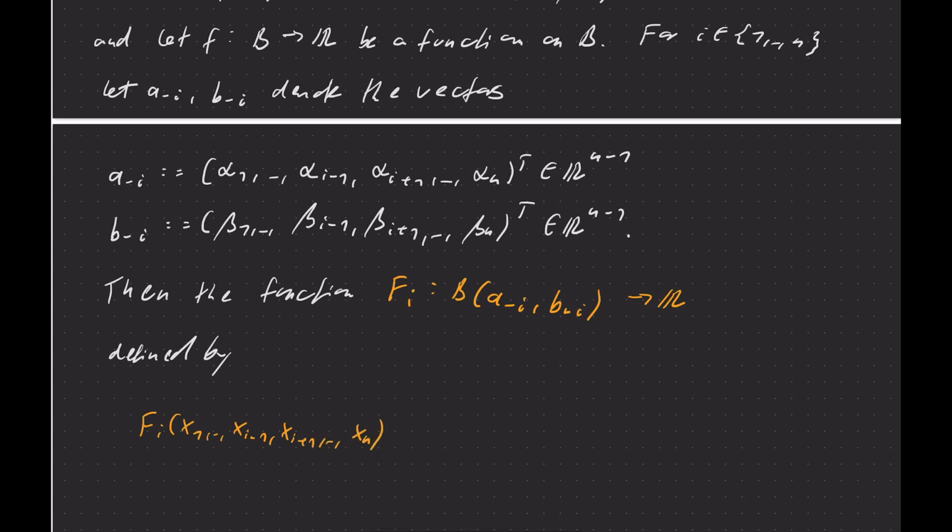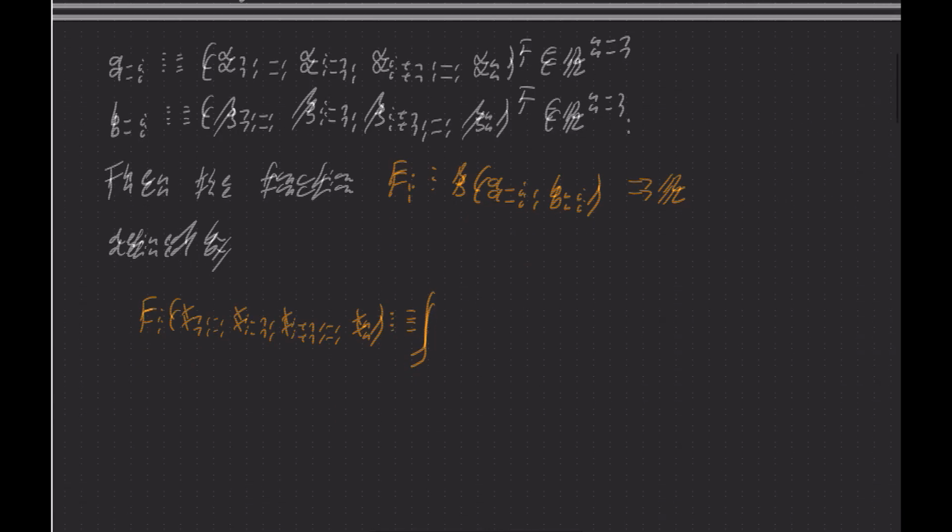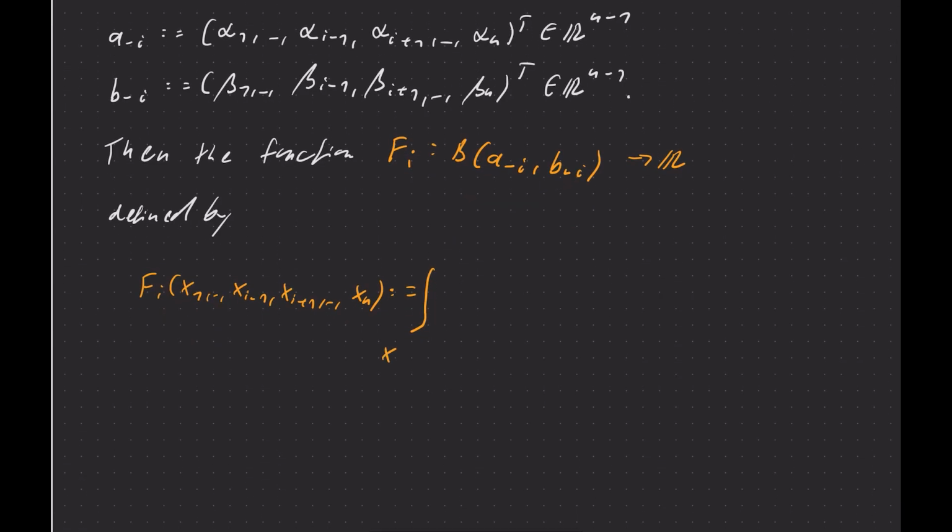So there's one variable missing from that function, because what we do is we integrate over that variable xi. We integrate that from alpha i to beta i of f of x1 to xn with respect to the variable xi.